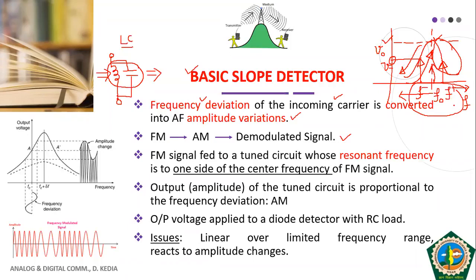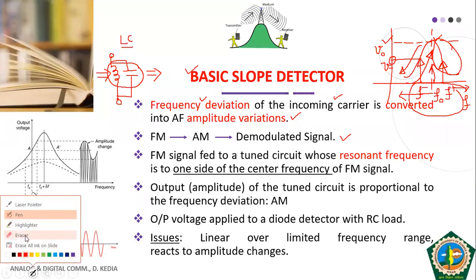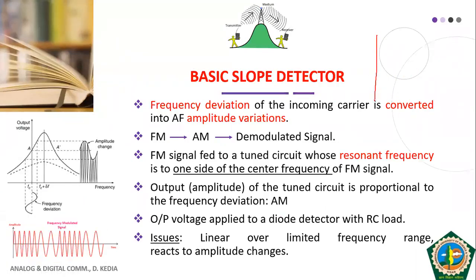So what I want to say here is that in a resonant circuit, we get maximum output at the resonant frequency. And then that output is changing on either side of the resonant frequency. So that means your resonant frequency curve is giving you some amplitude changes with respect to some frequency changes. On x-axis we have frequency, on y-axis we have amplitude.